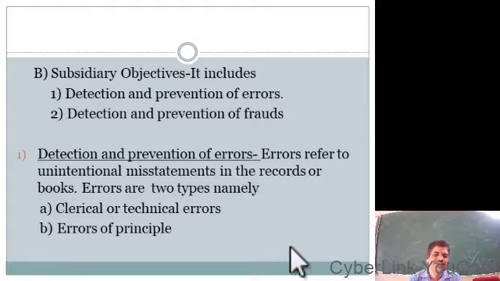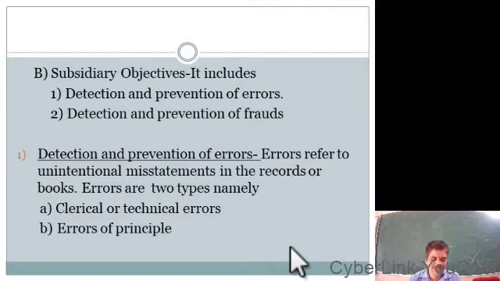That means here, how to detect and prevent the occurrence of errors in the books of accounts. So before going to study this aspect, first let me know what is error. Errors refer to unintentional misstatements in the records or books.